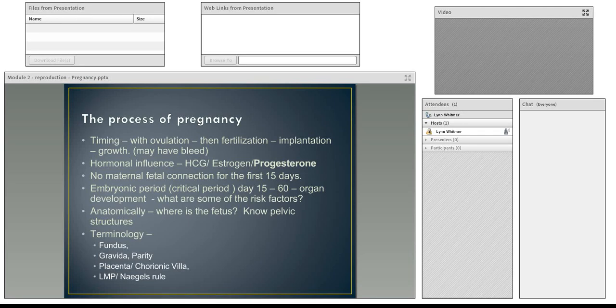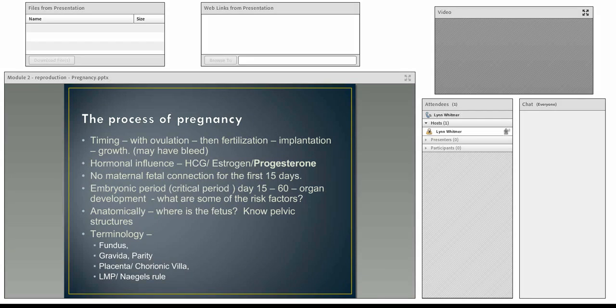When we look at gravida and parity, we should also talk about the 5-letter abbreviation that is used to determine the full obstetrical history. We'll talk about this again, but let me mention it here. We have a G for gravida, we have a T for full term pregnancy, meaning the pregnancy went beyond 37 weeks.